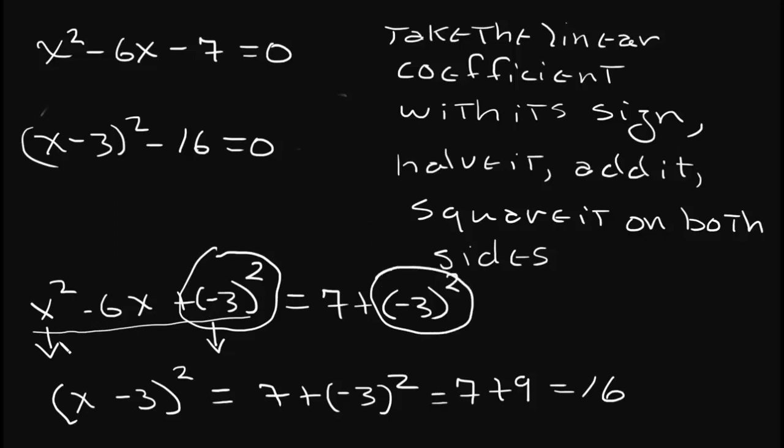This expression was equal to this expression, and when we add the same thing to both sides of a true equation, we change the form of the equation, but we don't change the meaning. So we took the linear coefficient, the negative 6, along with its sign, we halved it, we added it, we squared it on both sides, and we ended up with this new formulation of our equation.